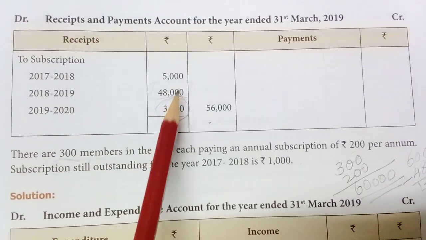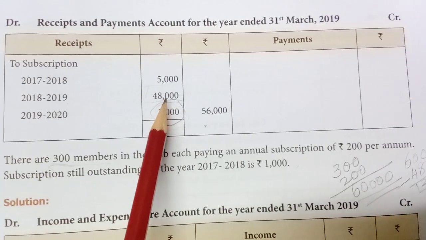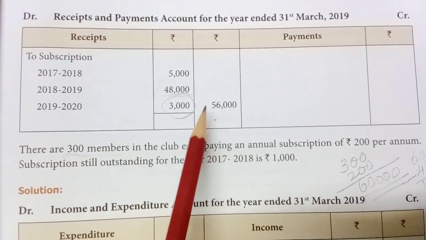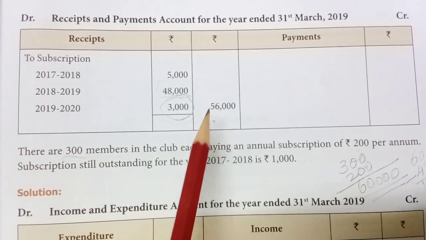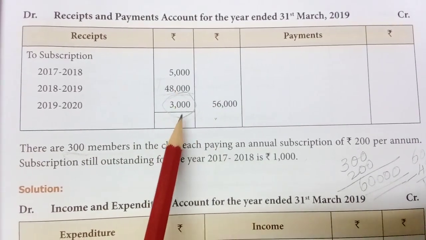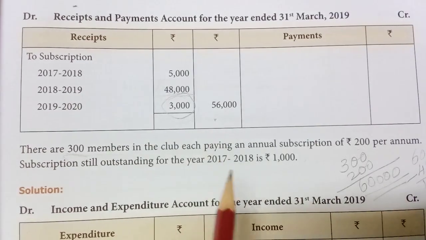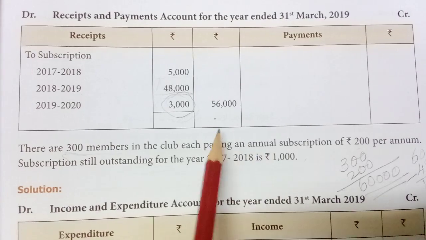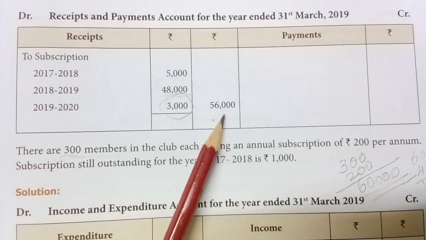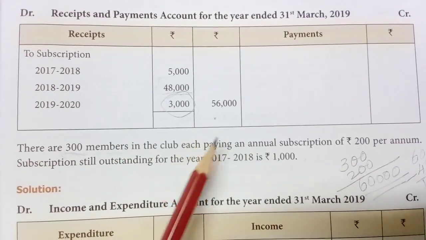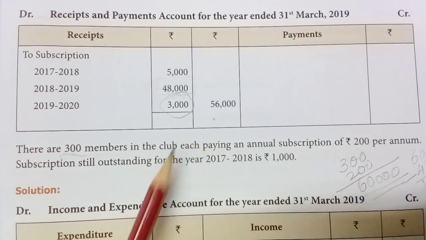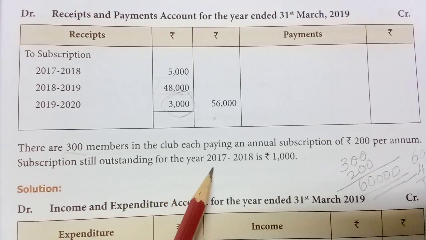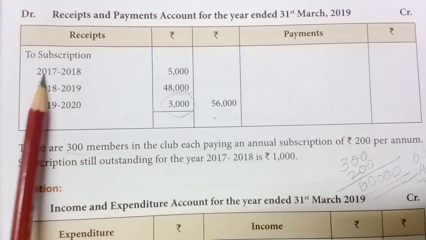Now here they have asked how it will appear in the final accounts, not only in the income and expenditure account. So we need to show how these items will appear in the balance sheet also. In the balance sheet, this outstanding subscription, that 12,000, is an asset, isn't it? That we will write on the asset side. Then one more is given: subscription still outstanding for the year 17-18.